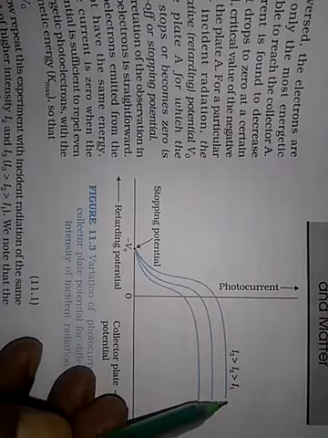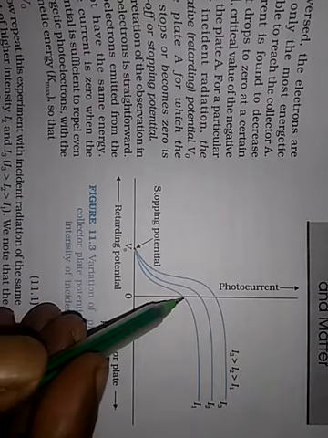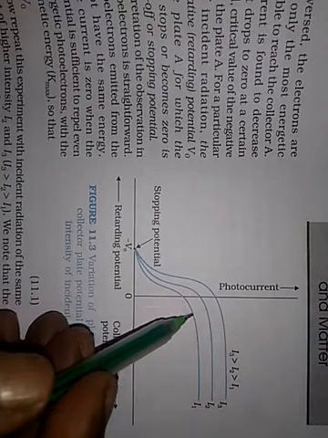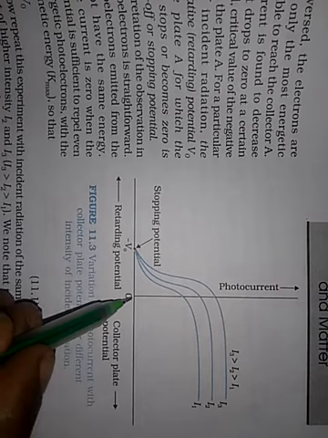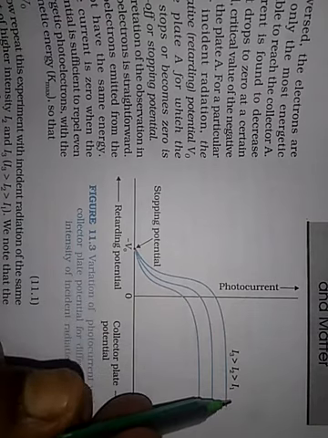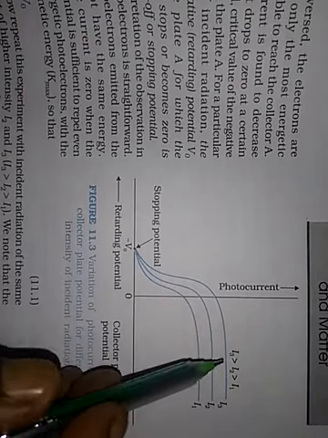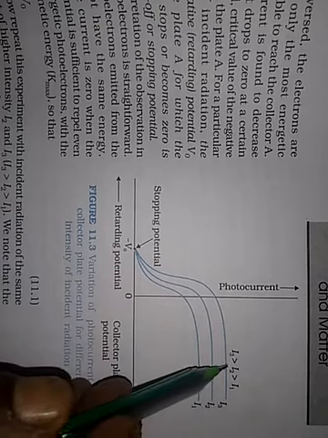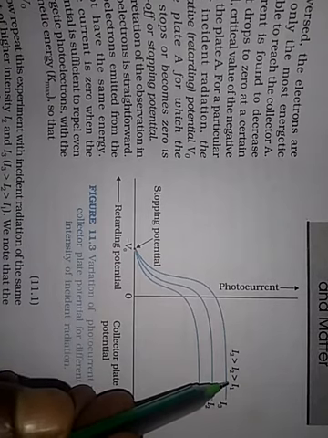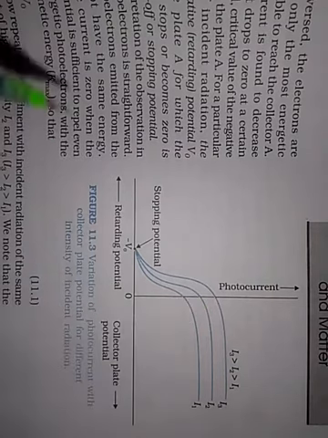If you see, there is some small rise. Afterwards the photocurrent is constant. For different intensities of light, if the intensity is more, I3 is greater than I2, which is greater than I1, therefore the photocurrent is also greater in these cases.